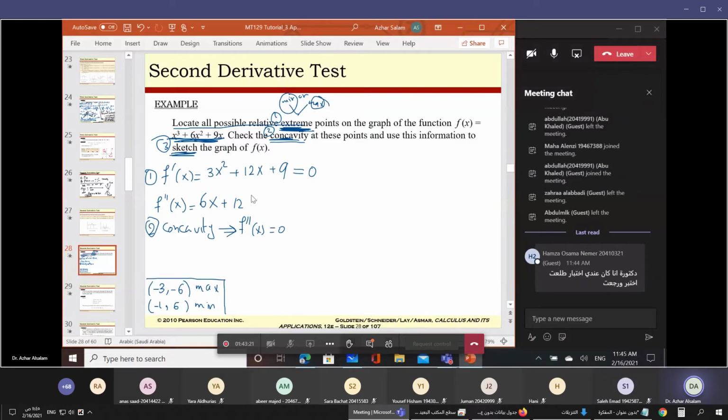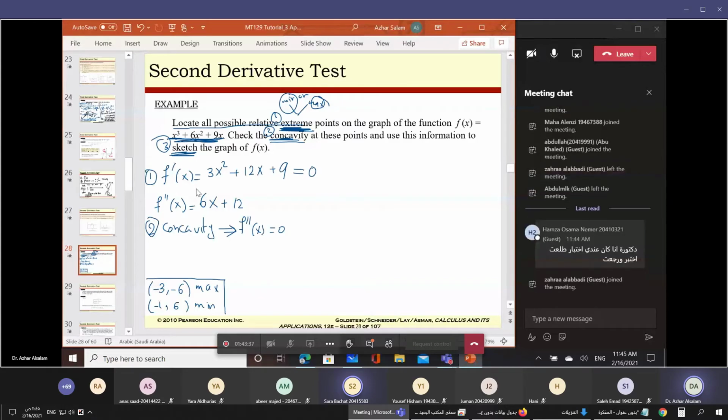Okay, I think you all see the maximum and minimum that we found. First step, we found the extreme points. We found the maximum and minimum. The second derivative test.